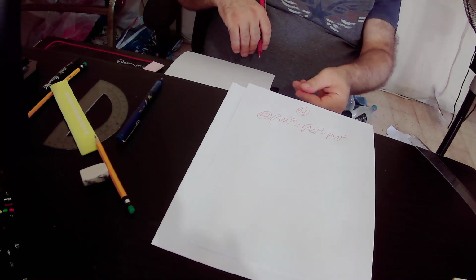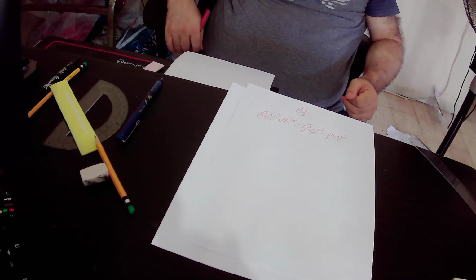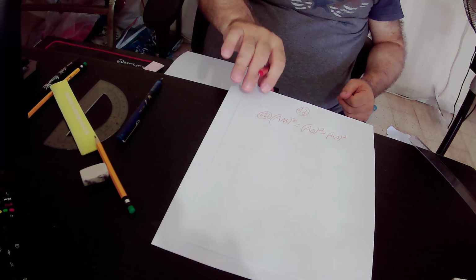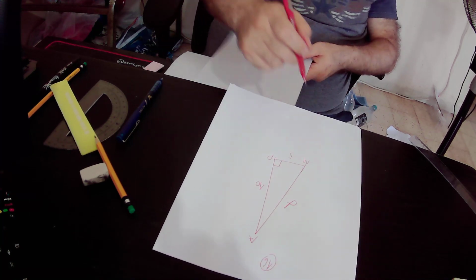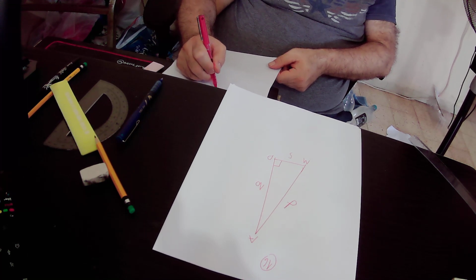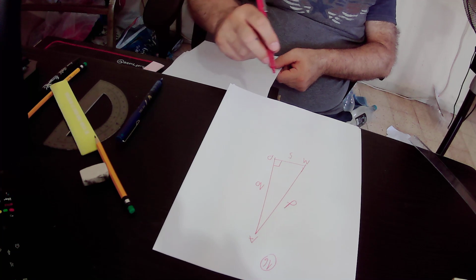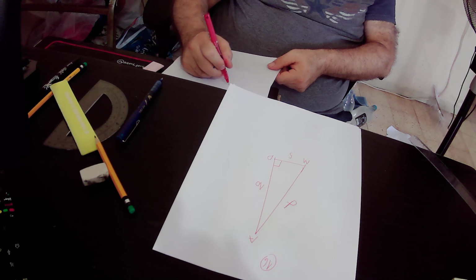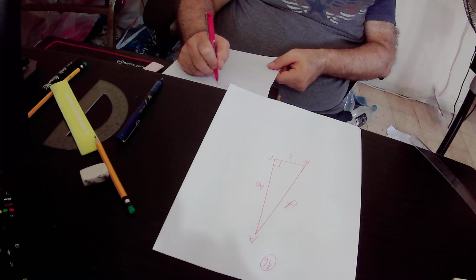AM square, the square of the hypotenuse, equals the sum of the squares of the perpendiculars, equals AD square plus MD square. But we know that AM equals d, AD equals 10, and MD equals 5 units.